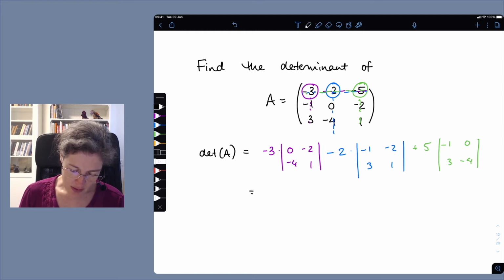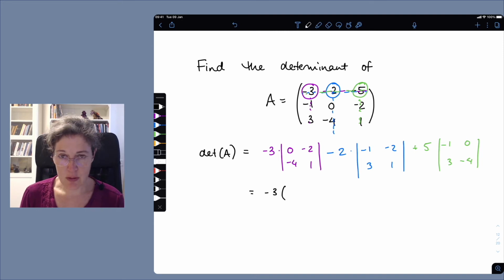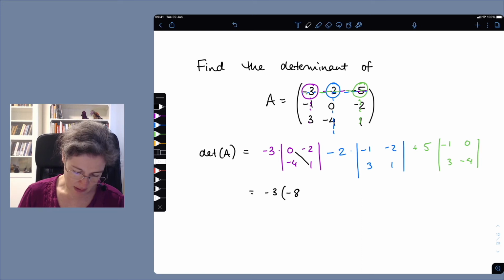All right, so here I've got my minus 3 times, now the determinant of a 2 by 2 is just 0 times 1 minus 2 times minus 4, so that's minus 8, I think. Let's just check. Yep. Now I've got minus 2 times minus 1 minus 2, so that's minus 1 plus 6, so that's 5.